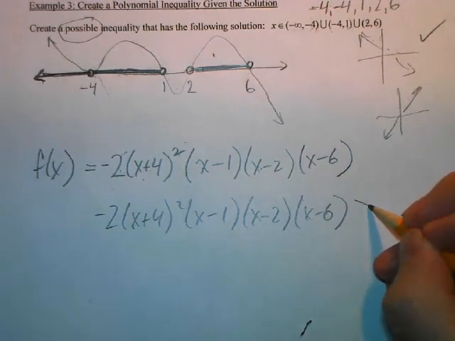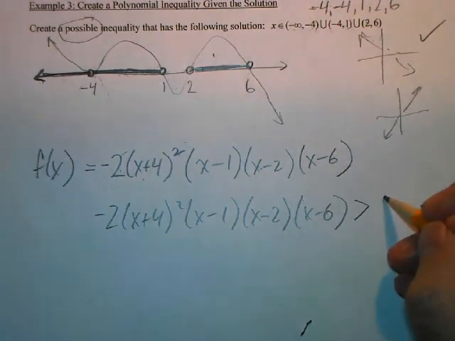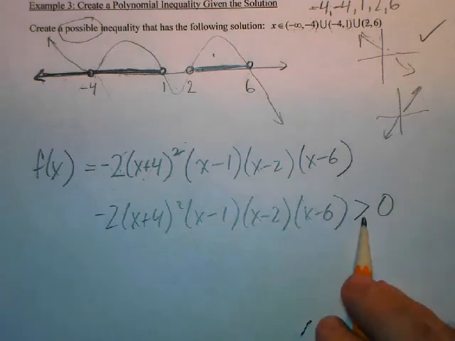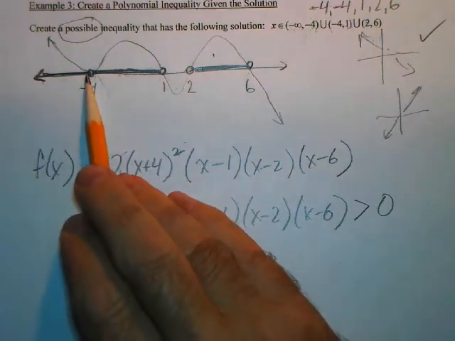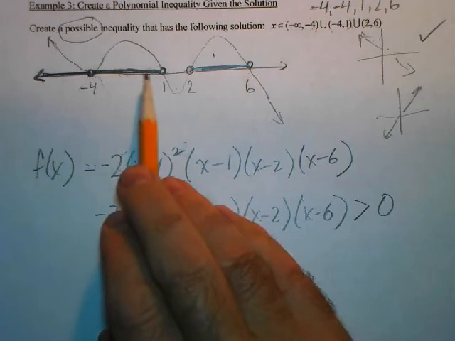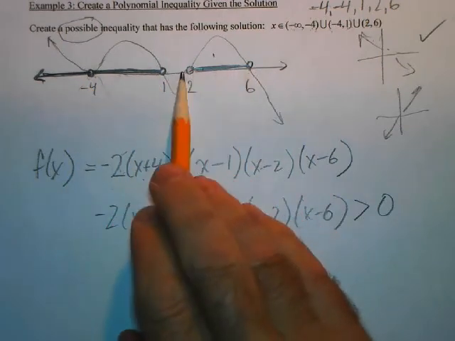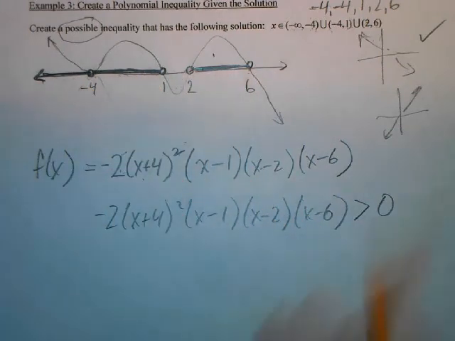So I'm going to make my inequality greater than 0. And I can't put equal to, especially because of that negative 4, right? The negative 4, all these values are not part of the solution. So that forces me to just put greater than, not greater than or equal to.